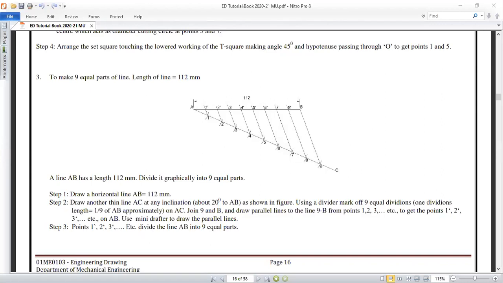You can see my orientation has just changed, right? But I have to keep this orientation as it is throughout my drawing.